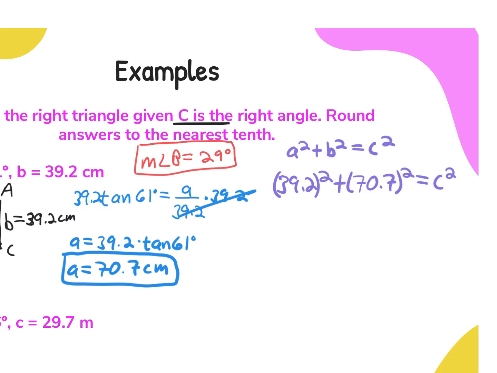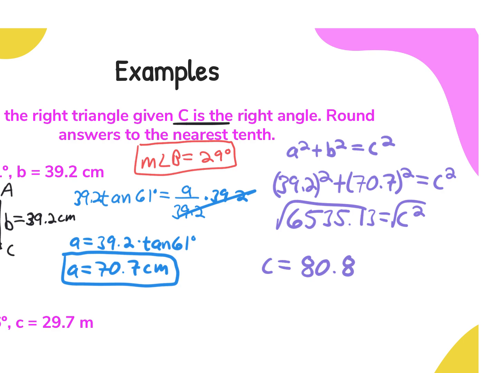Type this in your calculator, see what you get. I believe it gets you this big number equals C squared. All right, and then you would square root both sides to get just the C value. And then we should get that side C is equal to 80.8 centimeters.